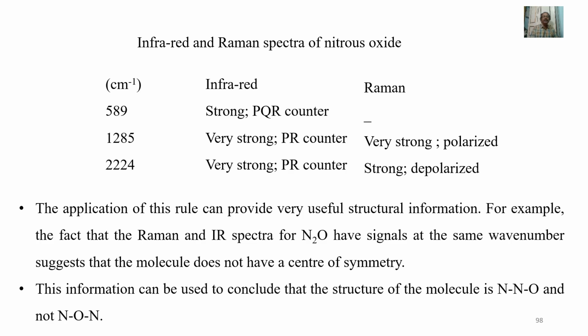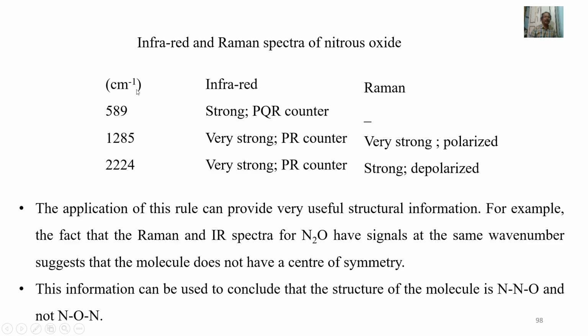Infrared and Raman spectra of nitrous oxide. In the tabulation, the first column is for wave number per centimeter. So 589 per centimeter: for infrared, we have a strong Q-type contour, and there is no Raman line here.